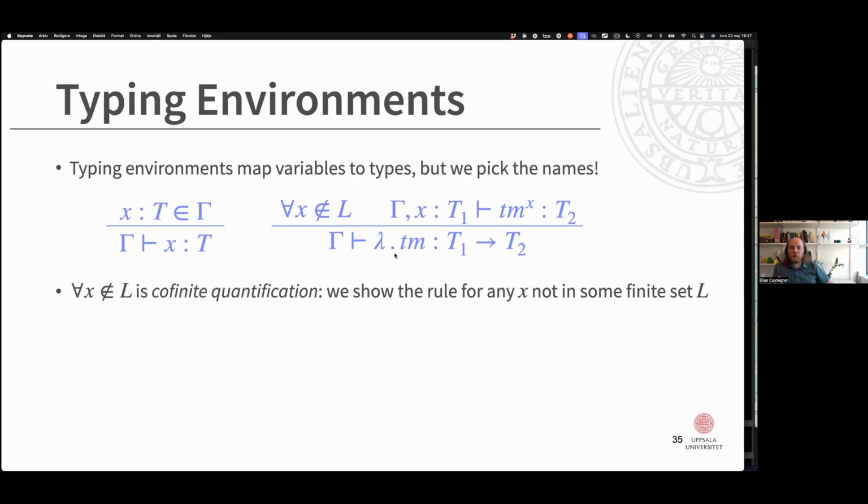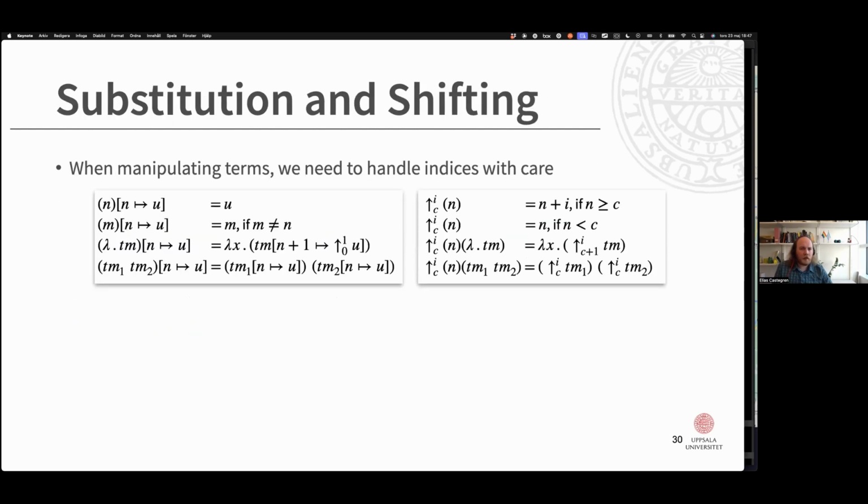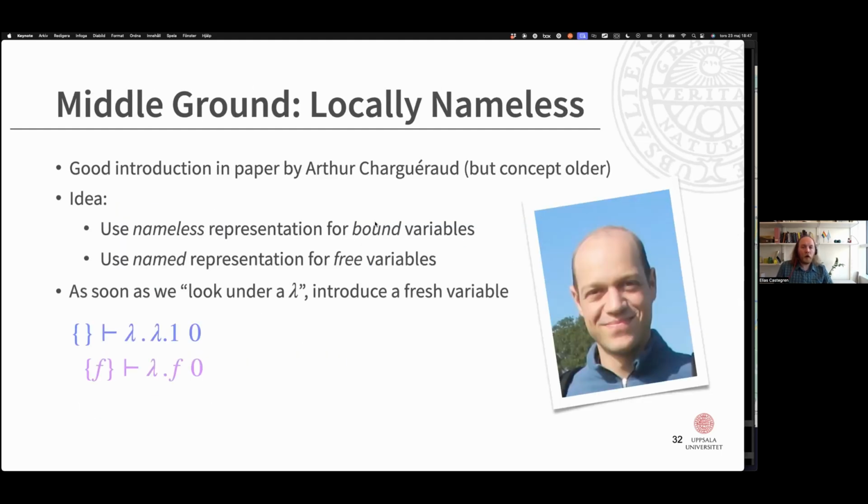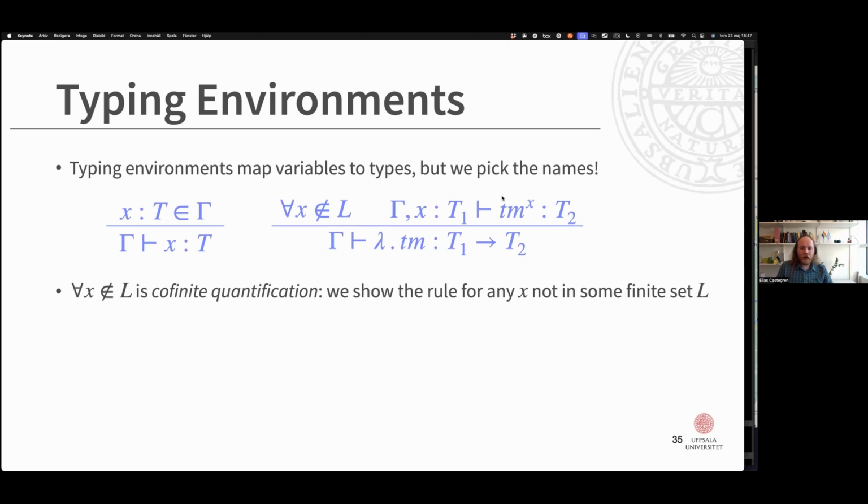Because whenever we open a term, we pick the names. It used to be the case that for the named representation, let me jump back, we had a name in the lambda term. But now we get to pick some x. So intuitively, you can think that we want to pick an x that does not appear in the environment and that does not appear in the term here.